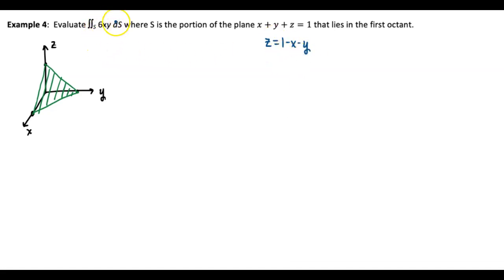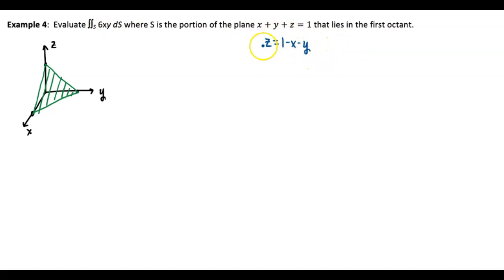Because inside of this integrand, I see an x and I see a y. If I were to redefine x in terms of y and z, then I would have to write that expression inside of this integrand. So it would just make my integrand a little bit more complicated.